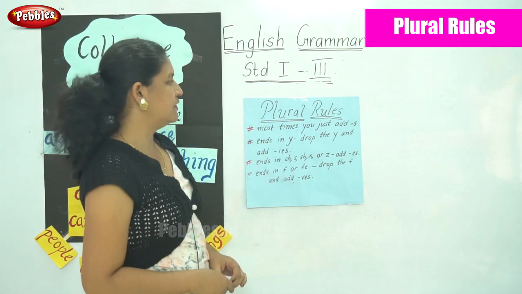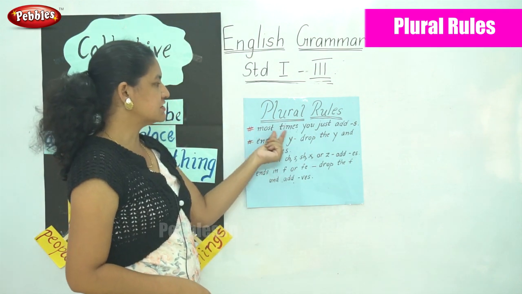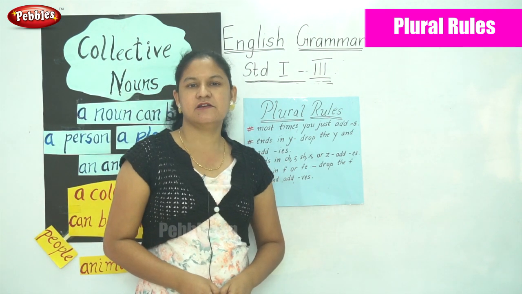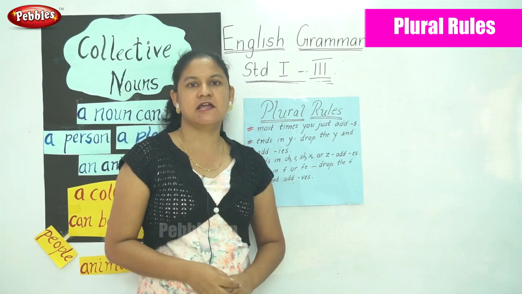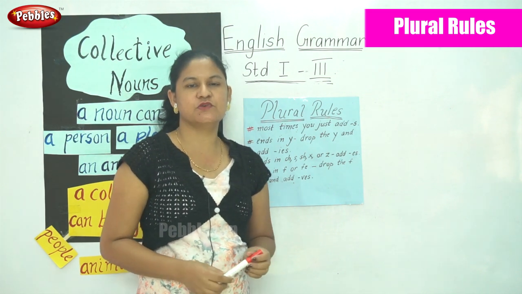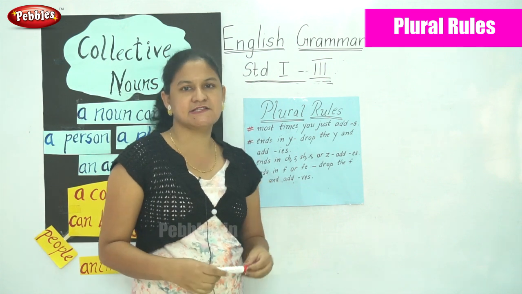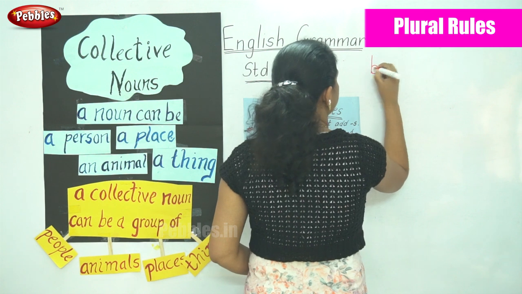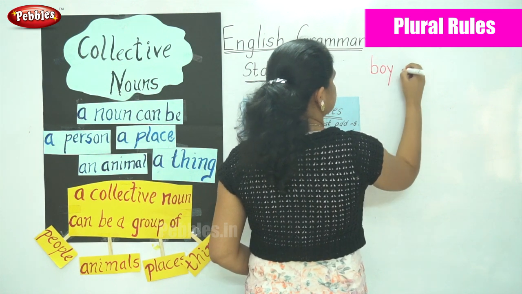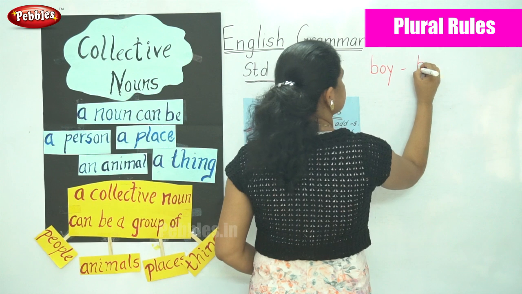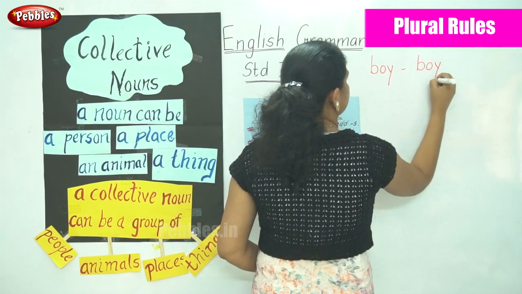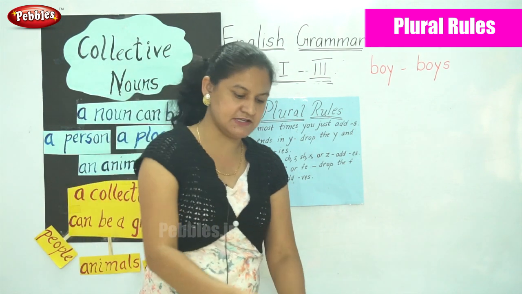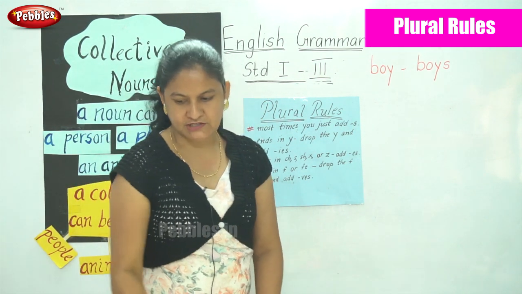The first plural rule is, most times you just add s. When I say there is a boy in the class, there are boys in the class, so we just add the alphabet s at the side. For example, one boy, many boys. Boy, boys.